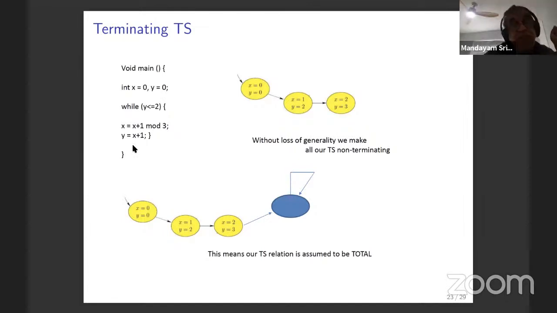But suppose that I really don't care. The property that I want to verify is that x is less than 3, less than or equal to 2. If that is all the property that I want to check, is it even relevant to keep y?